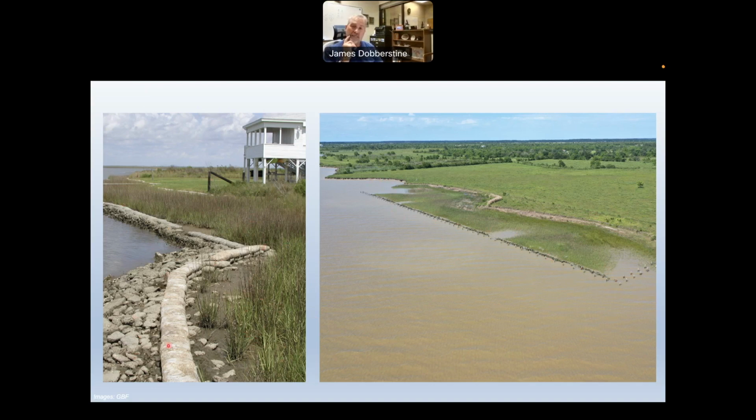In any event, you can see here that in both instances, there are wave breaks that are involved to help protect the marsh initially until it gets established. In some cases, this can be an opportunity for oyster development as well. This is certainly the case in Eckert Bayou, and I know they're trying to do a little bit of that up in Trinity Bay as well.